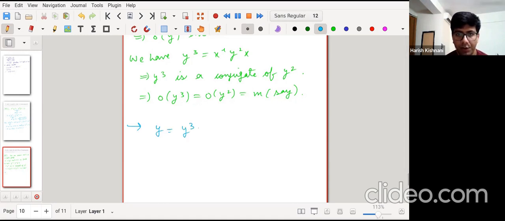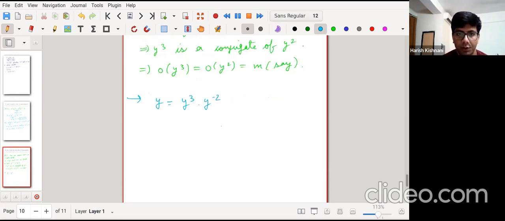y to the m is y cubed times y to the minus 2, so that implies y raised to m is y raised to 3m times y raised to minus 2m, which is the identity.